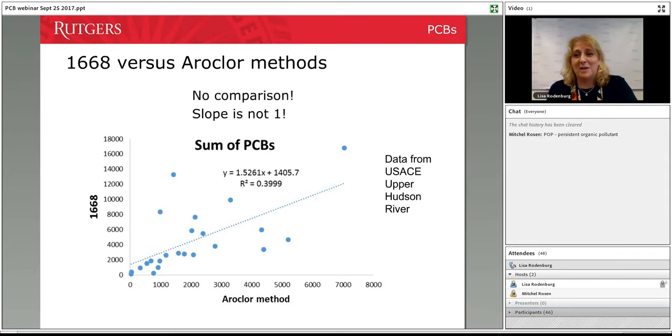So if these two methods were giving you exactly the same data, the slope would be 1, the intercept would be 0, and the R-squared would be, you know, 0.9. So there's a lot of disagreement, and that's pretty upsetting, because in a place like the Upper Hudson River, General Electric has spent $500 million, billion with a B, dredging the river based on data that we're not really sure how accurate it is.